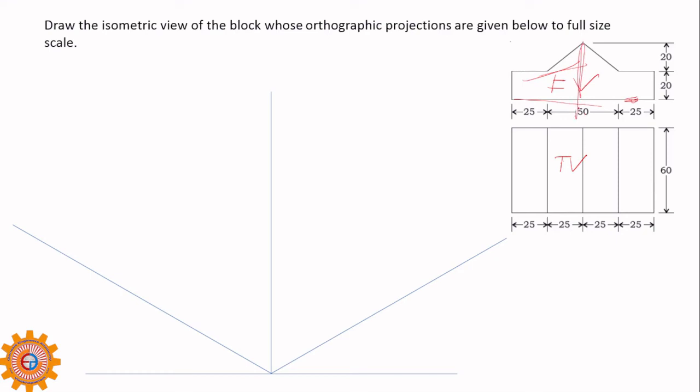This is also 25, 25. So understand my point? Draw 50 plus 25 plus 25, that is 100, a 100 mm length line. Okay, next I have to draw this front view as this line, that is 20. So this is 20.